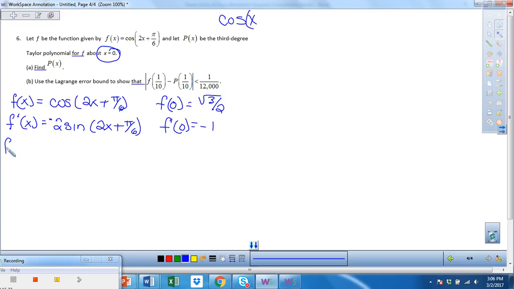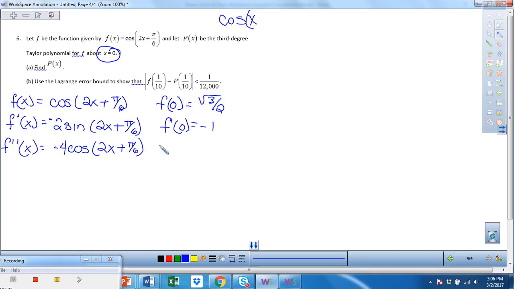Okay, so my second derivative: if I take the derivative of that, that will give me negative 4 cosine of (2x plus pi over 6).